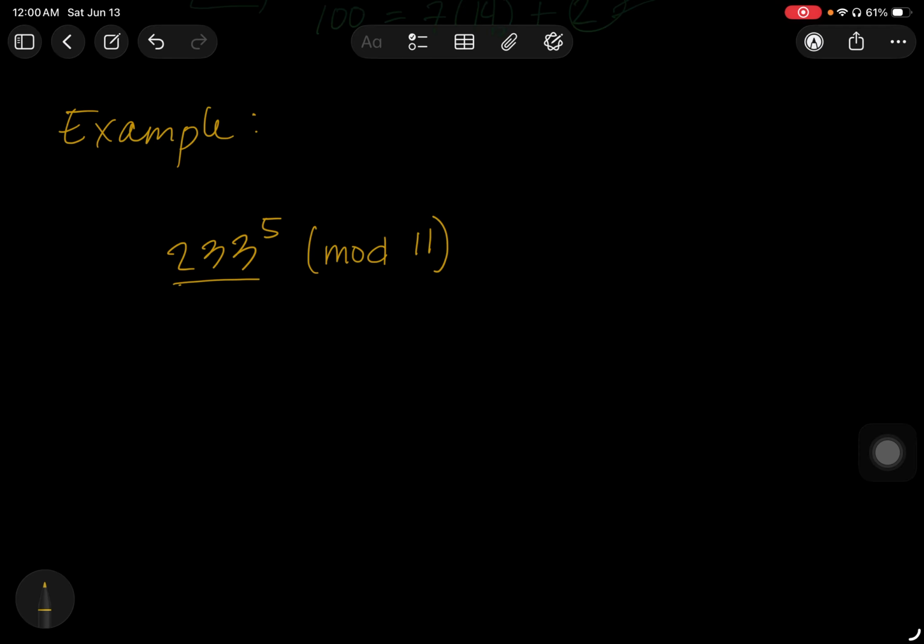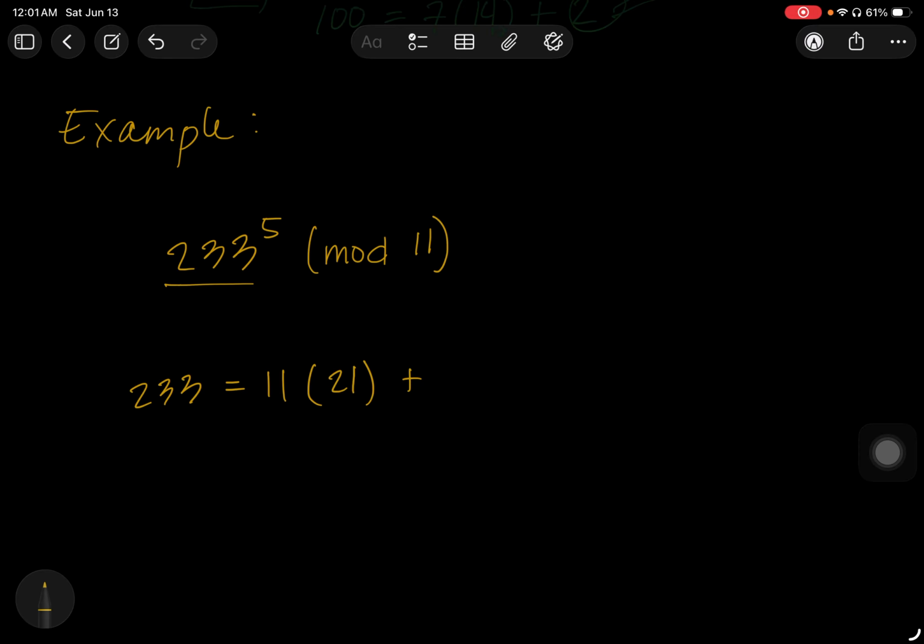So let's reduce the base. The first step is to reduce the base. To do that, you extract 233 and then perform the division algorithm modulo 11. Let's look for its remainder. 233 divided by 11 will give you around 21.